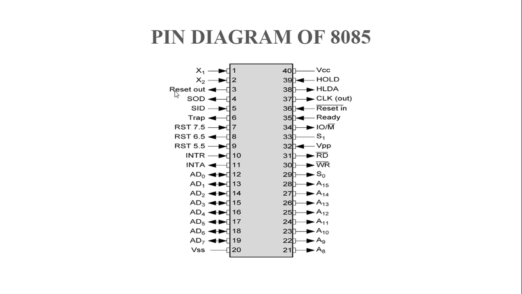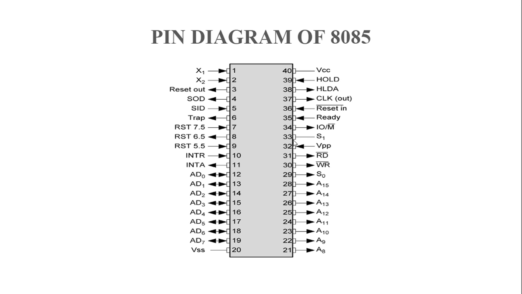To reset the microprocessor we use pin 36, and whether the microprocessor is in reset condition or not can be checked by using the reset out pin. So this is the output pin, and through it we check whether our microprocessor is in reset condition or in active condition.